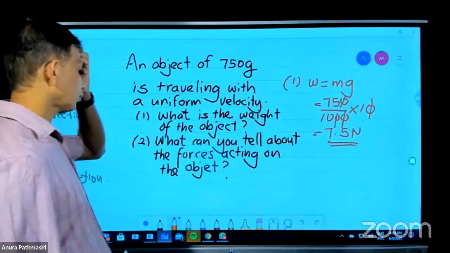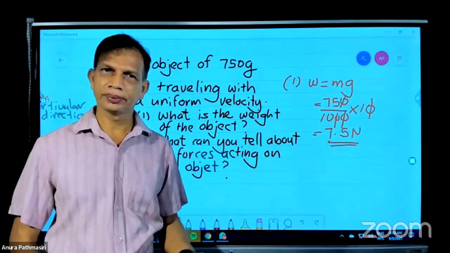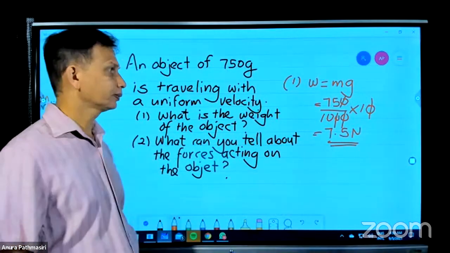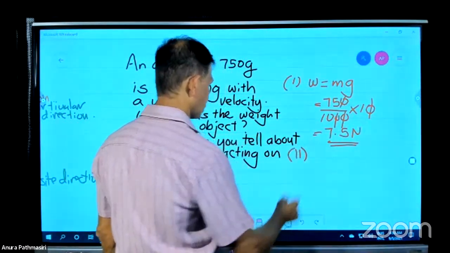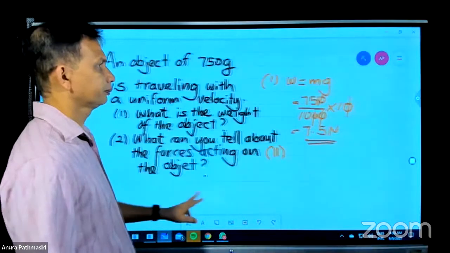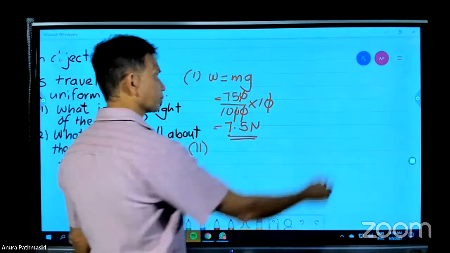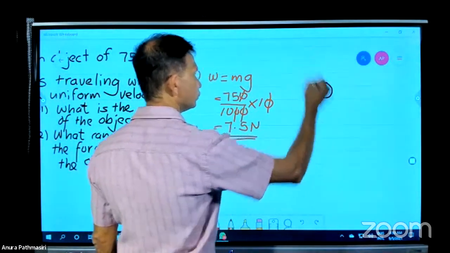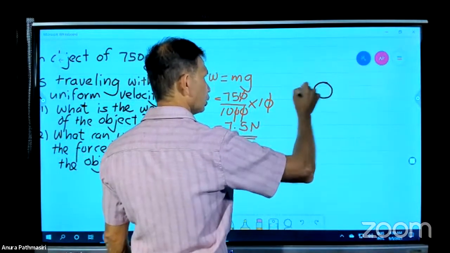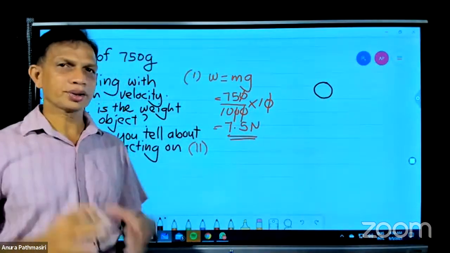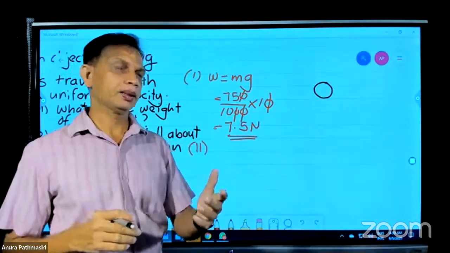Secondly, what can you tell about the forces acting on the object? Well, it has the force. Now, this is with a constant velocity, in order to achieve a motion, right?